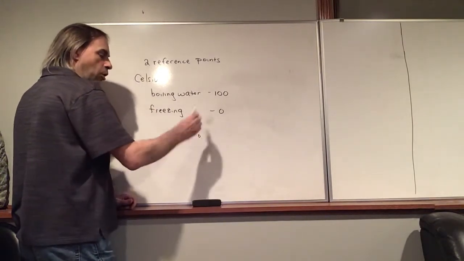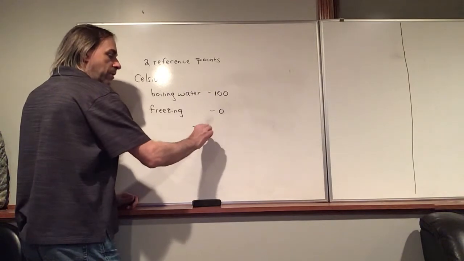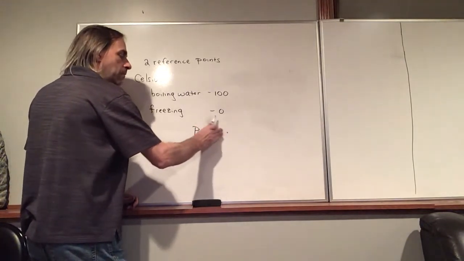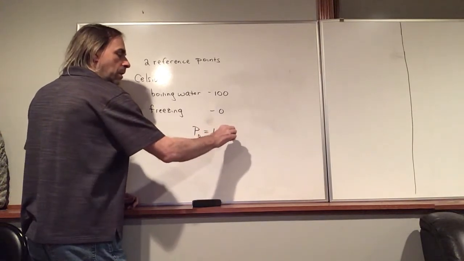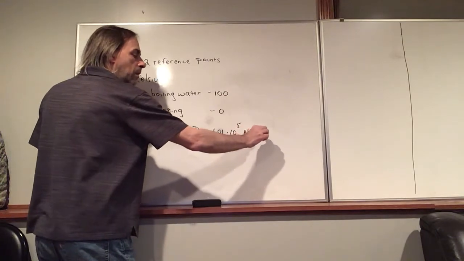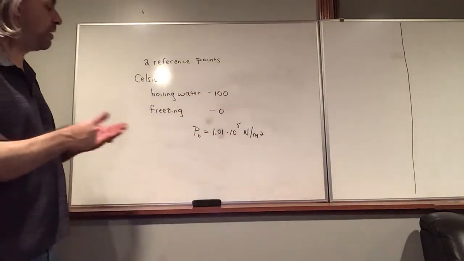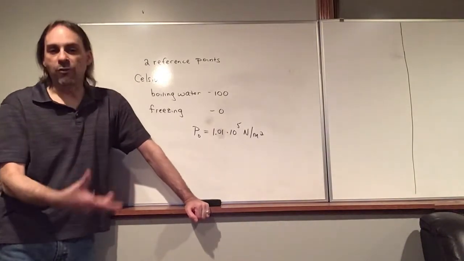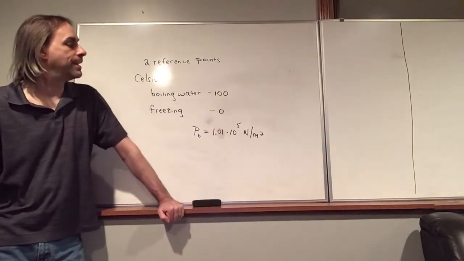Let's say P0 for standard atmospheric pressure. It's around 1.01 times 10 to the 5th newtons per meter squared. That would be the standard value. It's an average typical value you'd get around sea level.